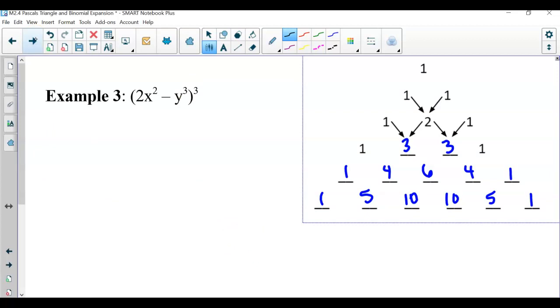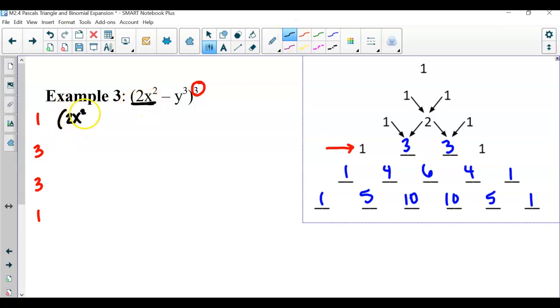So then here, what if we had now exponents inside? Same thing, we're going to use the exponent on the outside, so we're focusing on this row of coefficients from Pascal's triangle. So I've got 1, 3, 3, 1. Then list the terms. Now notice how this is 2x squared.